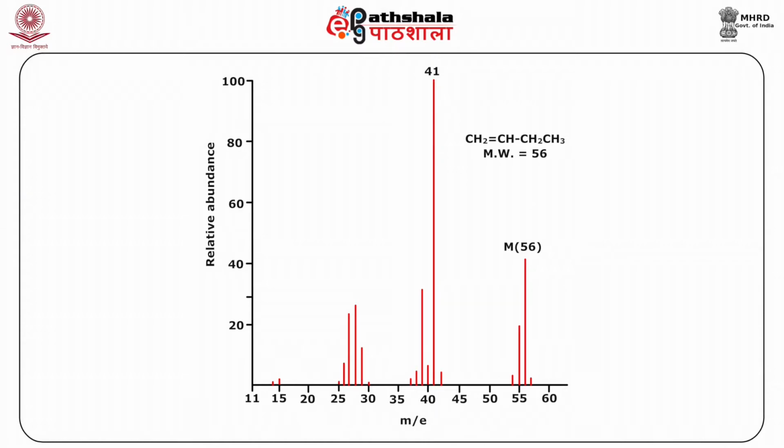The general formula of such fragments in alkenes is CnH2n+ and CnH2n-1+, that is both of these cations. It is sometimes difficult to locate double bonds in alkenes since they migrate very readily.